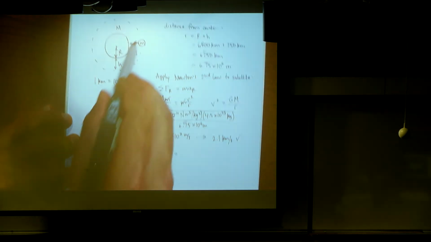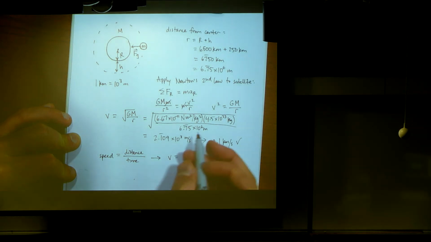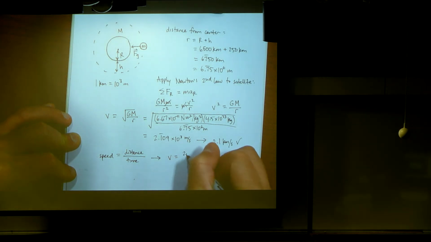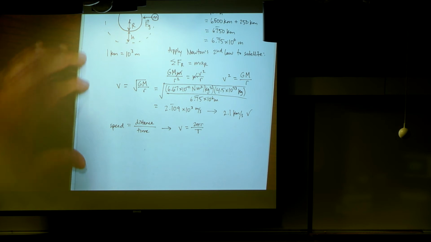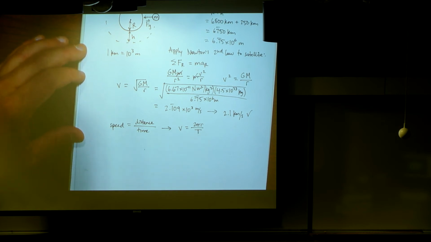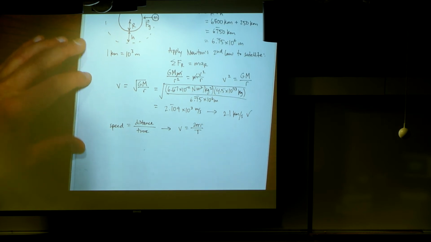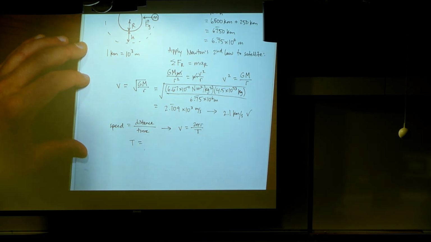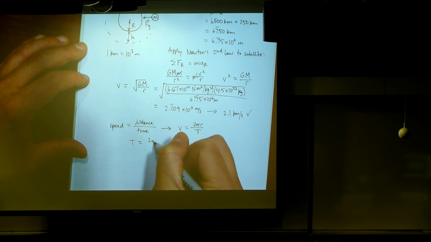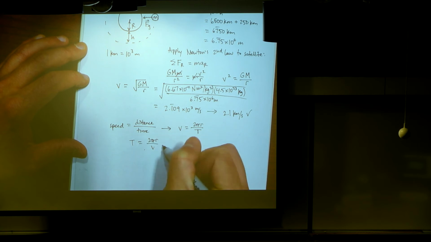Well, we go one full lap around this circle, so distance is equal to 2 pi r, the circumference. And the time is what we call capital T, the period. So you move through one circumference in one period. So the value of T, if we just shuffle the terms around, is 2 pi r divided by v.